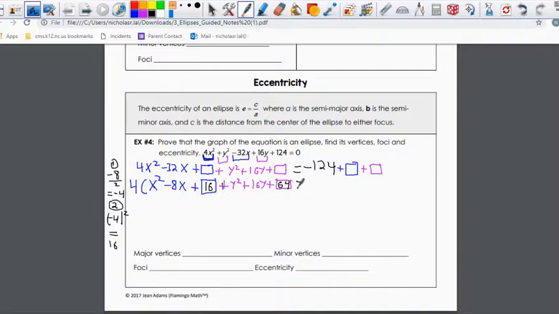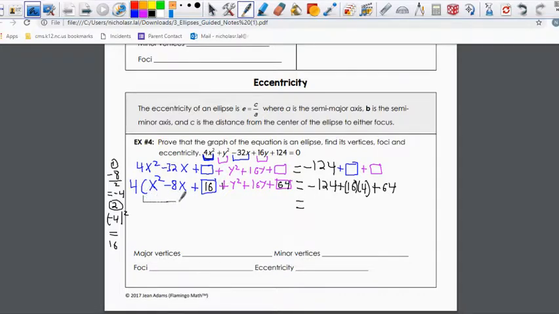Now this is going to be equal to negative 124 plus 16 plus 16 times 4, right, because we still factored that 4, then plus 64. Set a new equals sign, and we can now factor.